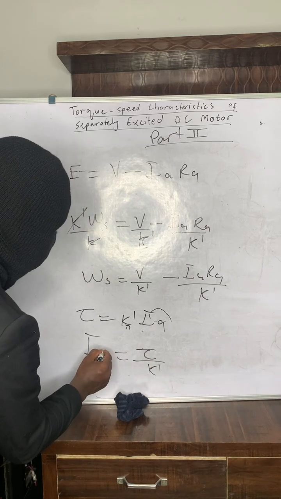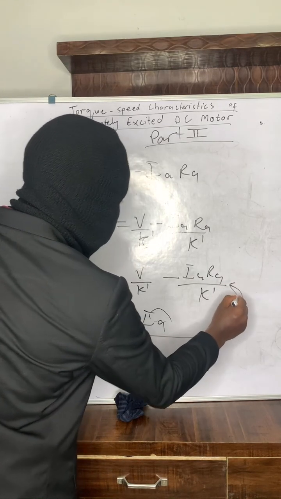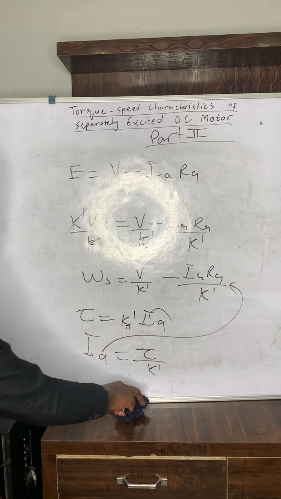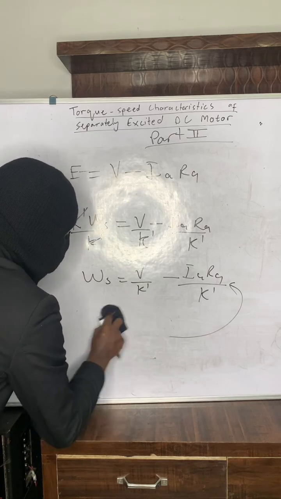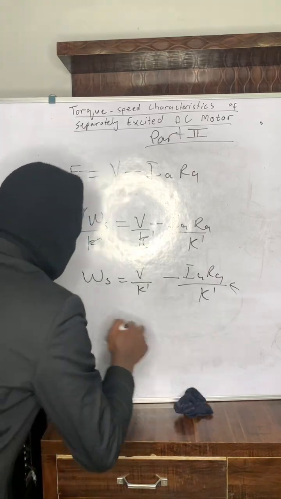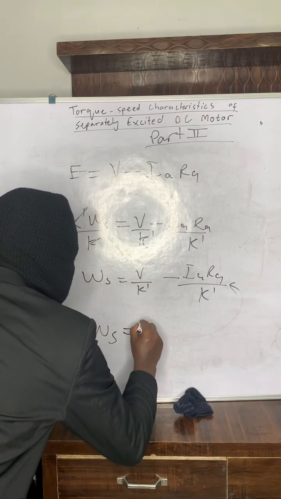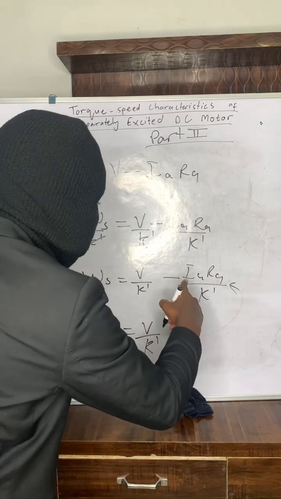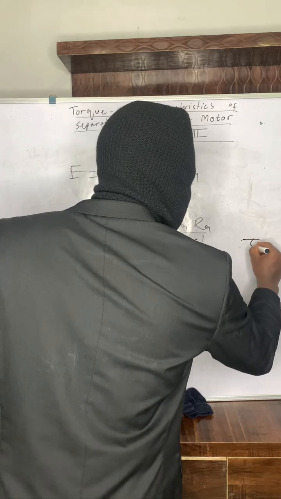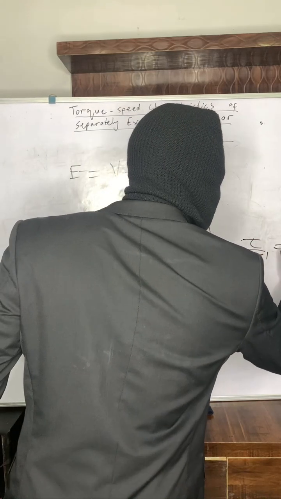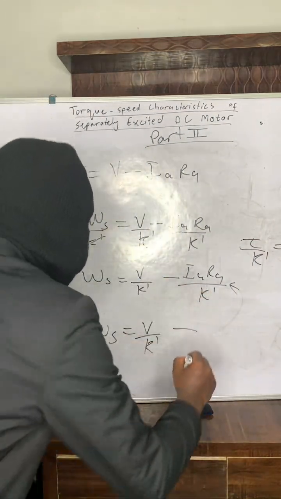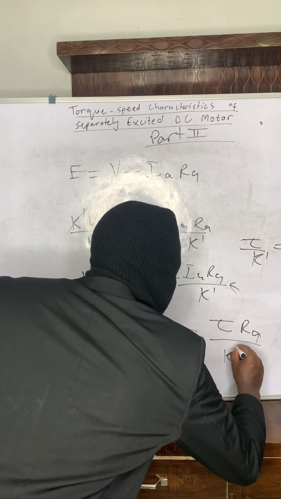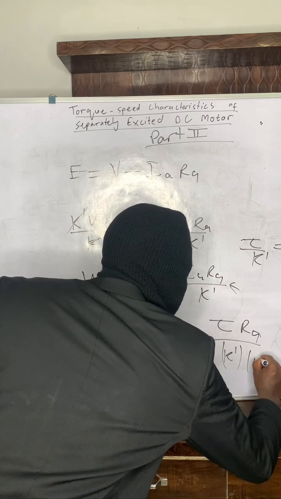We are going to substitute IA into this equation. Upon substituting, we are going to be left with omega S is equal to V over K dash minus IA, where tau over K dash is equal to IA, so tau RA upon K dash times K dash.